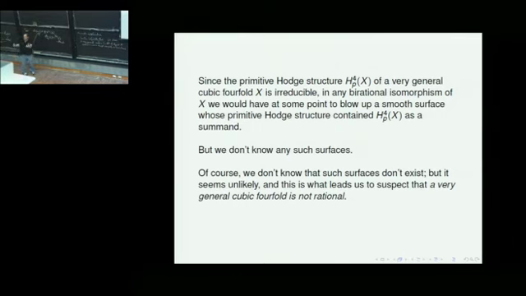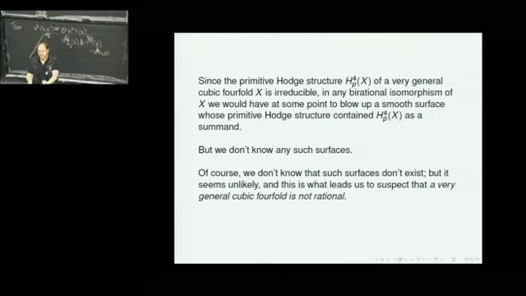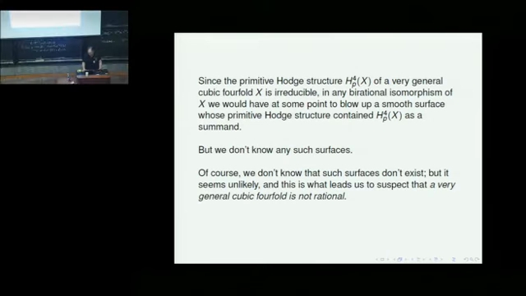Again, because it's irreducible, if it appears in the course of blowing up and blowing down, it has to appear all at once by blowing up a surface that contains that Hodge structure. And again, it contains that Hodge structure as a direct summand, and again, we don't know of any. So that's the situation, and that's a reason for believing that a general cubic fourfold is not rational.